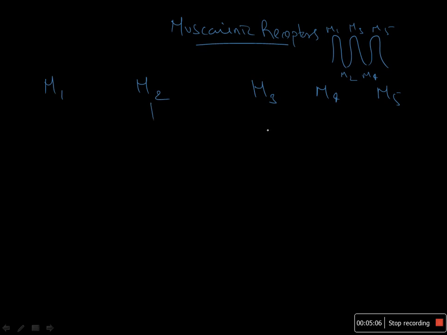So M2 and M4 are inhibitory and they are coupled with G inhibitory protein. M1, M3 and M5 are at the top, so they are stimulatory and they are coupled with Gq protein intracellularly. So this is one way to remember. And the next thing is that all the muscarinic receptors are found in the central nervous system, but M4 and M5 are exclusively found in the central nervous system.